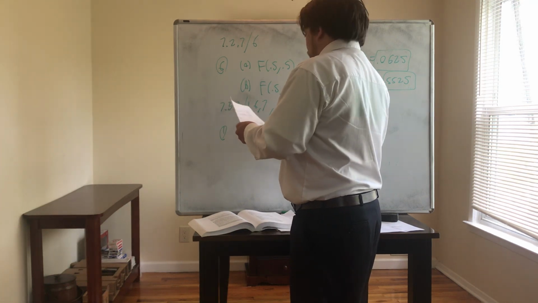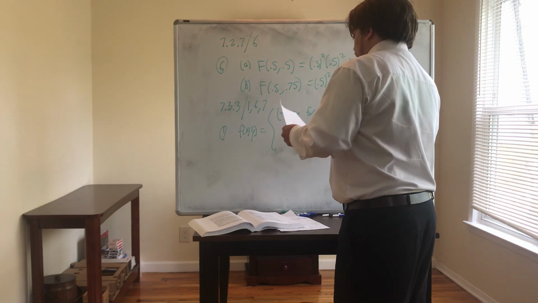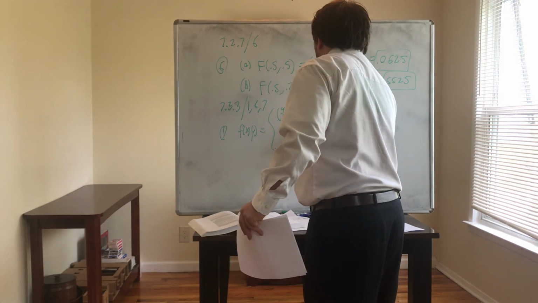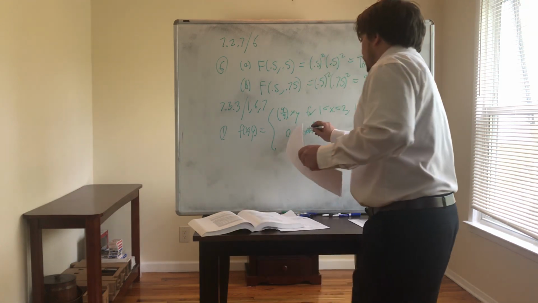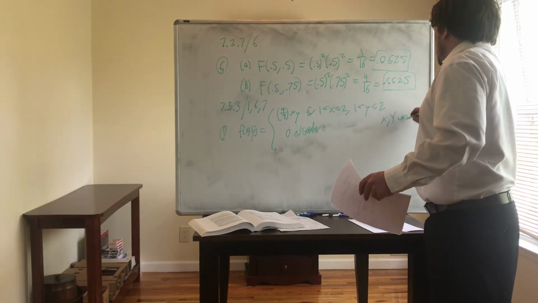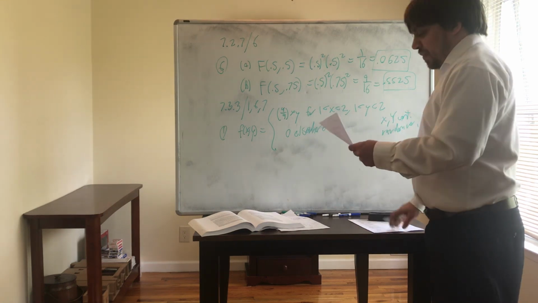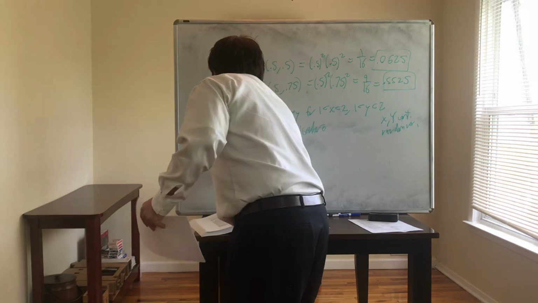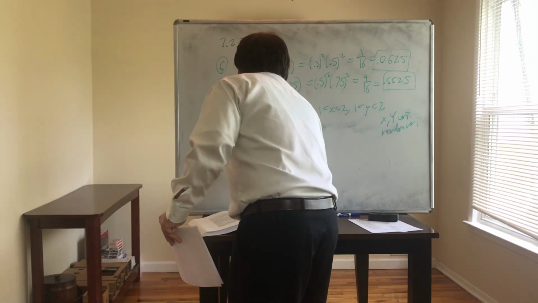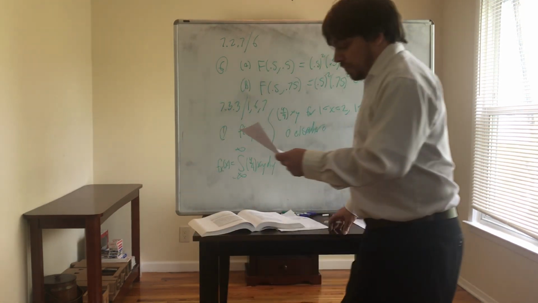It's 4/9 xy for x strictly between 1 and 2, and y strictly between 1 and 2, and it's 0 elsewhere. Okay, that's the joint probability function of x and y. And here x, y are continuous random variables. Okay, so f sub x of x is equal to the integral from negative infinity to infinity of f of x comma y, which is 4/9 xy dy.